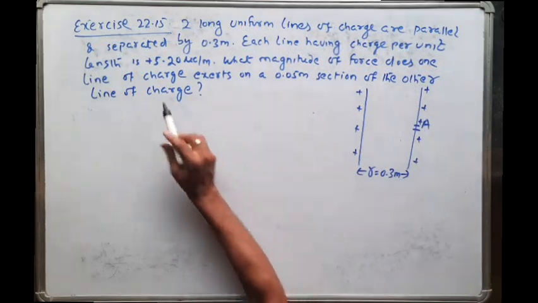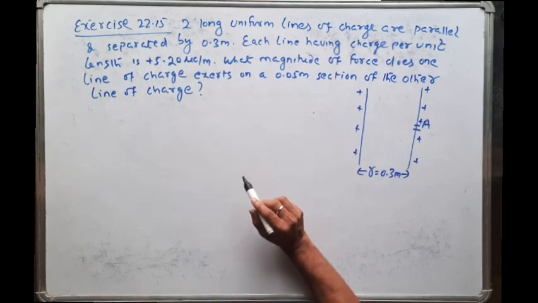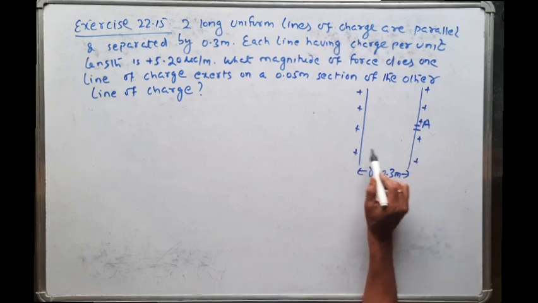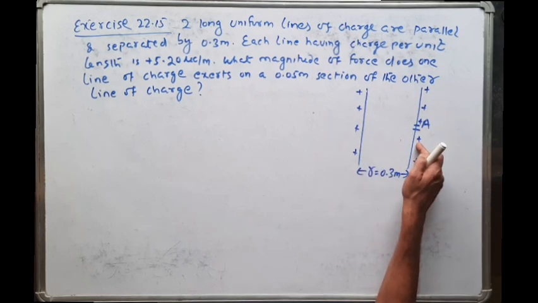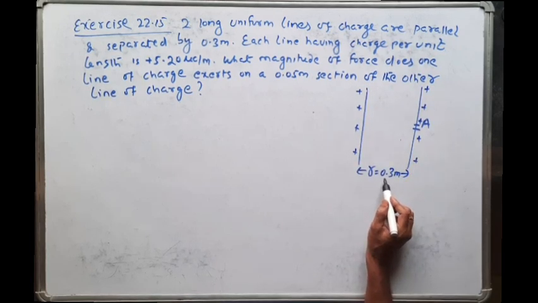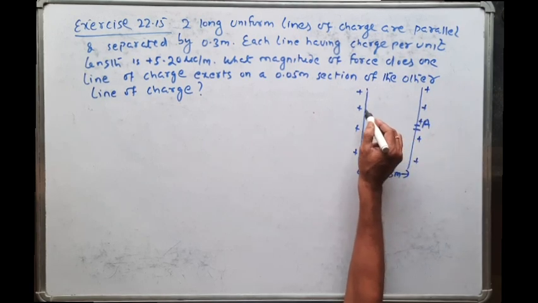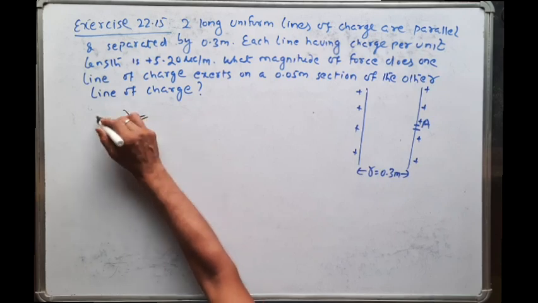Okay, so you see, this is exercise 22.15. Here, what is the question? There are two long uniform line charges that are parallel. So you take two linear conductors, they are separated by 0.3 meter and each line has a linear charge density of lambda.